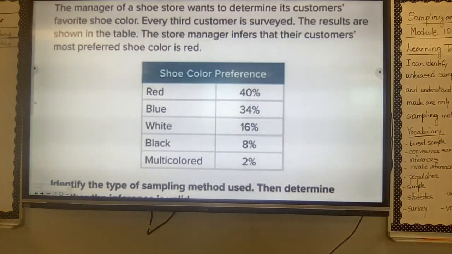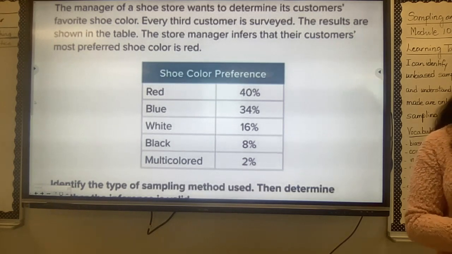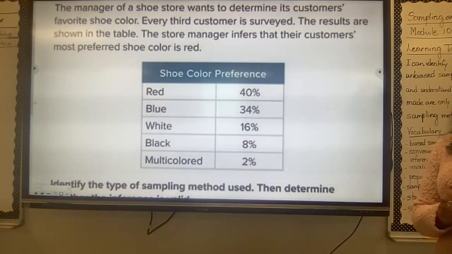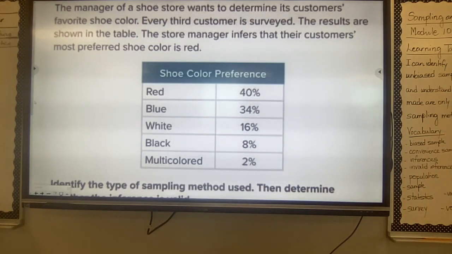And so, let's talk about what sampling method is used. We're going to identify the type of sampling method used. What's happening over here? Every third customer is being surveyed. So therefore, this is a systematic random sample and it is not biased. Every third customer is being selected, so it's a systematic random sample.